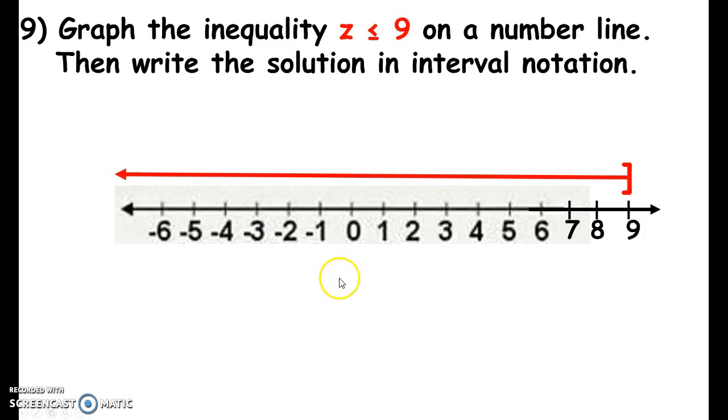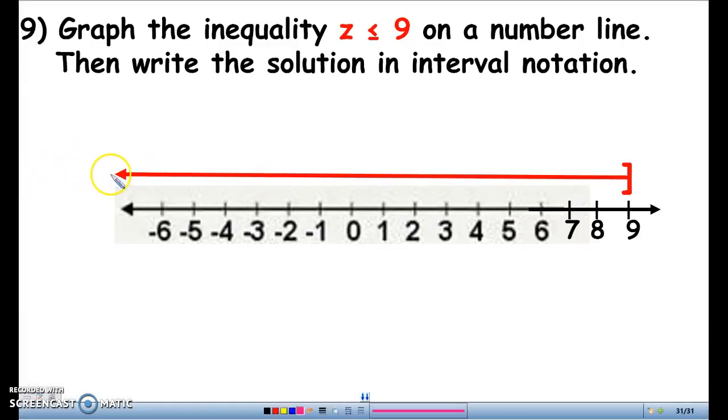So if I'm going to write my answer in interval notation, I start left to right with my pencil, and I touch an arrowhead, and that's pointed to negative infinity. So that's the first number with a parenthesis because you never get there. Keep moving your pencil left to right, and then you touch 9 with a bracket. And there's your answer in interval notation.